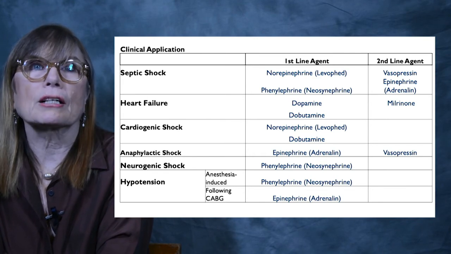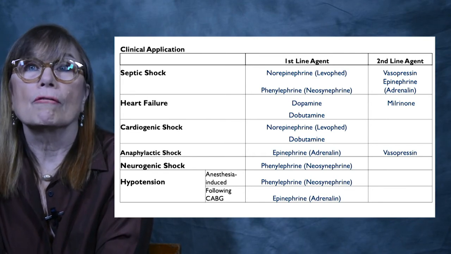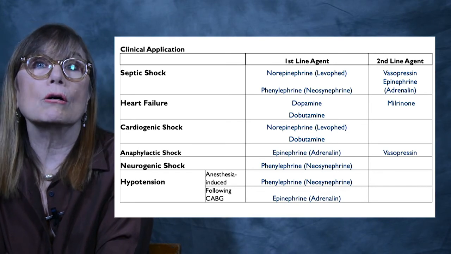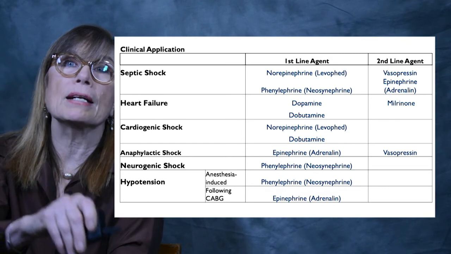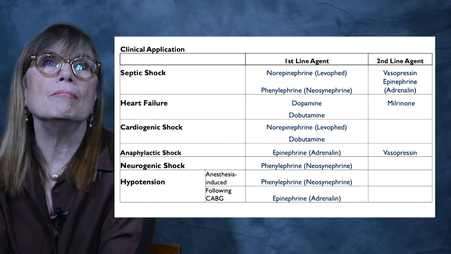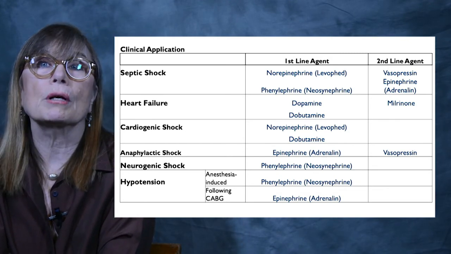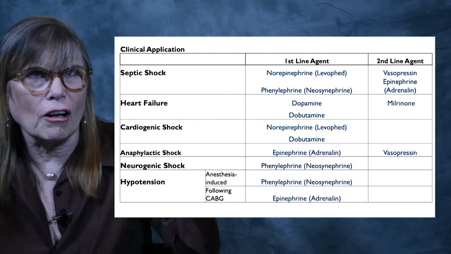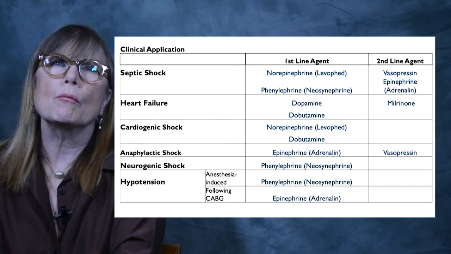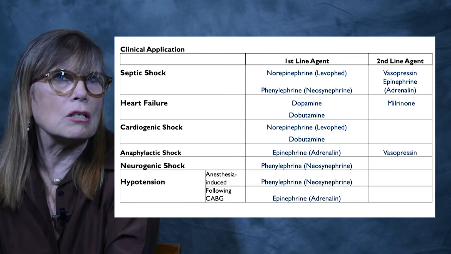For anaphylactic shock, epinephrine. For neurogenic shock, neosynephrine. And for severe hypertension induced from anesthesia, neosynephrine. But following open heart surgery, epinephrine. Now that is a big list with a lot of information, and I really appreciate your attention to these details.